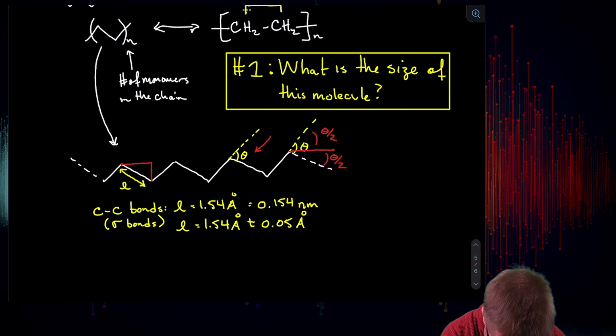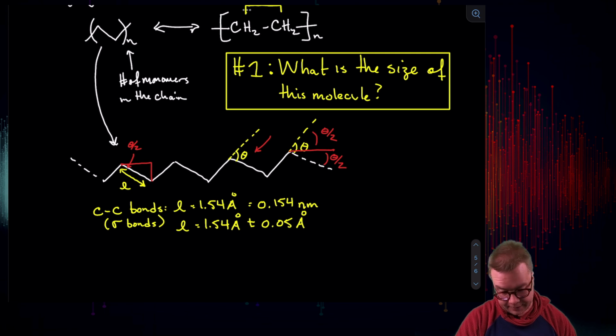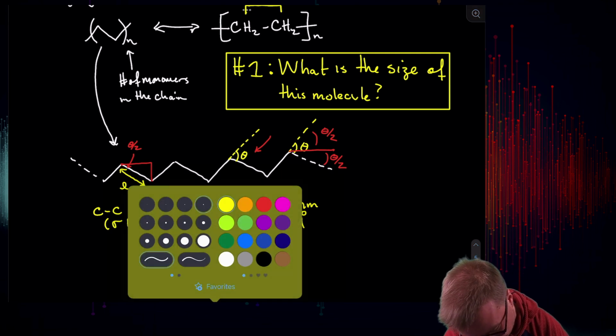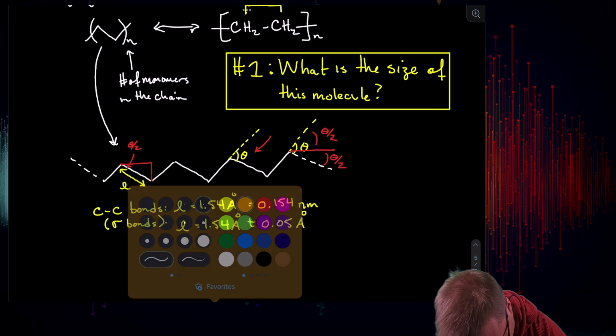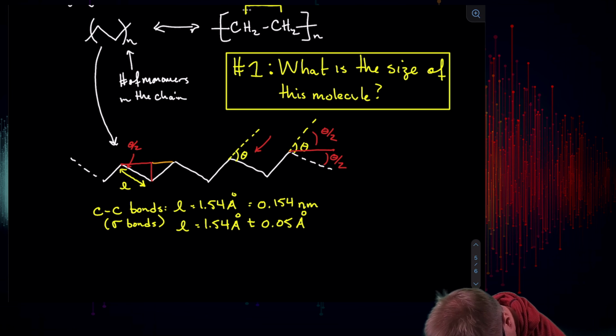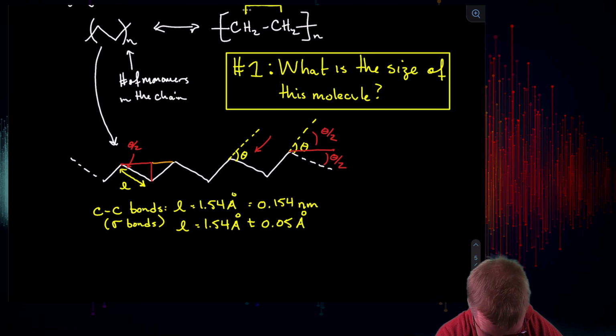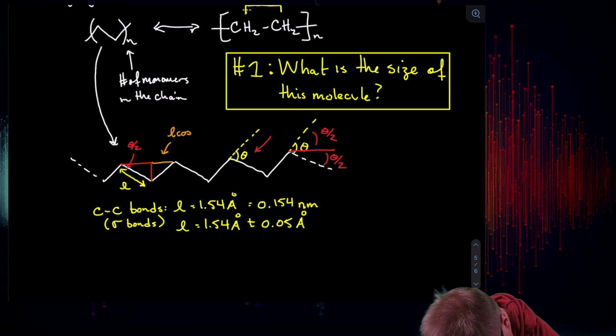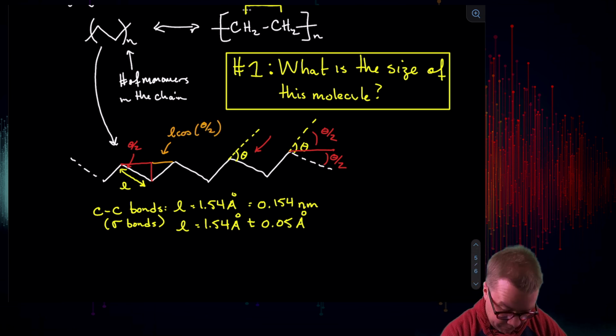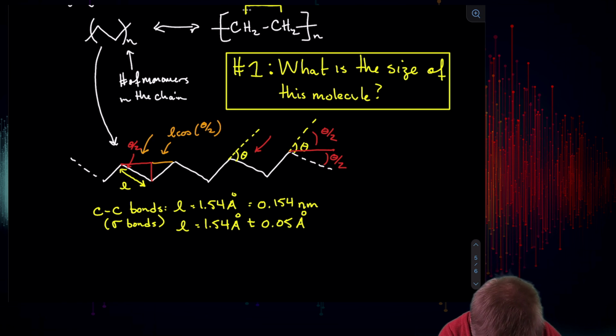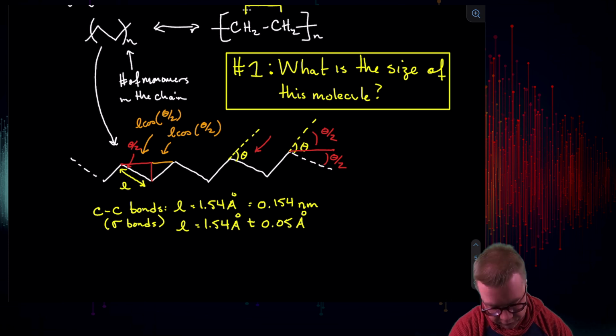And you can see that the angle in here will be theta divided by 2, and that the bond length is the same. So that means that for each one of these sections of the polymer chain, there's going to be a length of L cosine of theta over 2 for one side of it, and then for the other triangle, there's going to be L cosine of theta over 2.